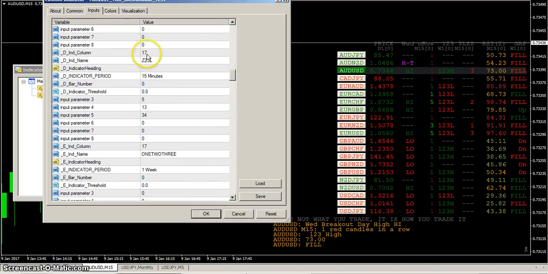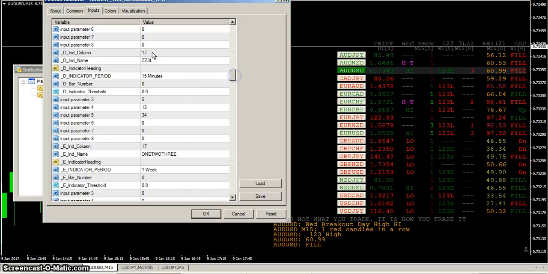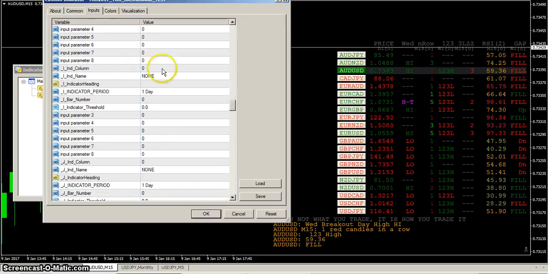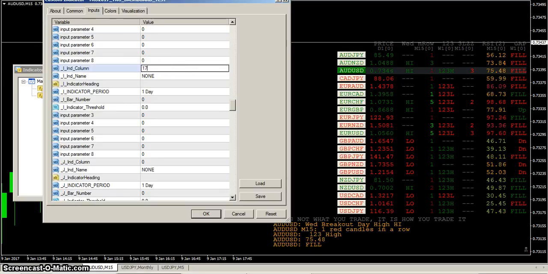So here we have in column 17 the ZZ3L. Okay, 15 minutes current bar. And we loaded up parameters even though we can make those zero. So remember, indicator column 17. Let's say we're going to do column 17 again, because remember it's going to come straight down.